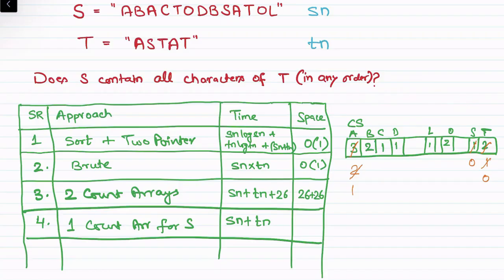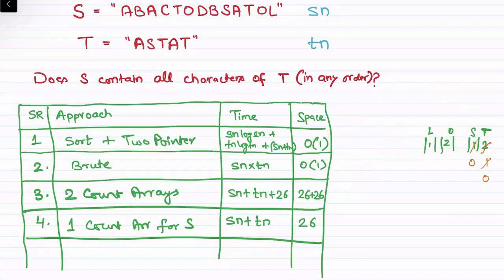This way we save the additional overhead of comparing two arrays in the end, and this also optimizes our space to 26. Okay. Now here we used the count array for CS. We can also have an alternate approach where we use one count array, but this time we use the count array for only T. Let's evaluate that idea also.